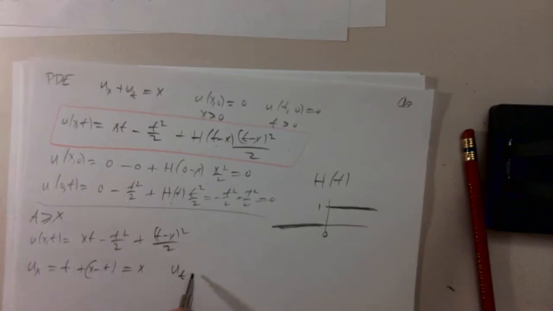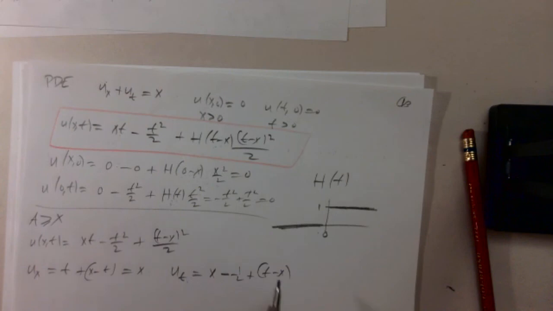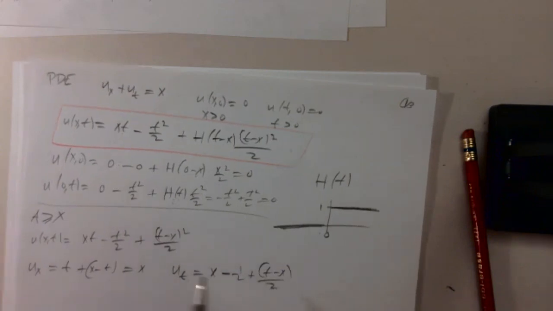The partial of u with respect to t is equal to x minus t plus one half. Differentiate this with respect to t, I get t minus x over 2. Let's see, is that right?